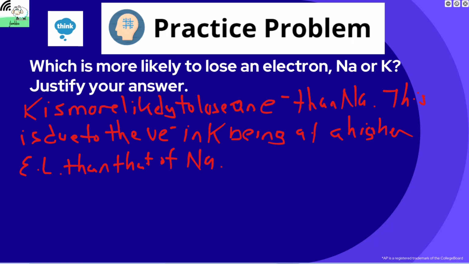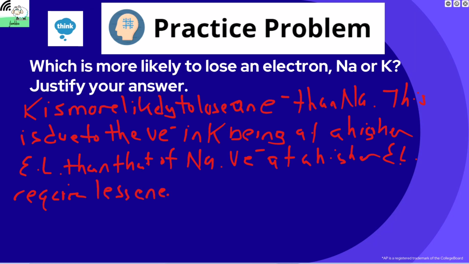So you see here, I'm comparing and contrasting, right? I'm using both as I go through and create my answer. So this is due to the valence electrons of K being at a higher energy level than that of Na. Valence electrons at a higher energy level require, promise that's what it says, require less energy to remove.